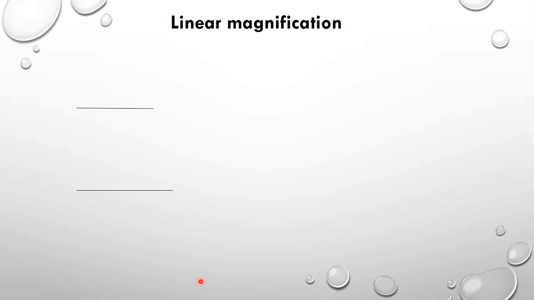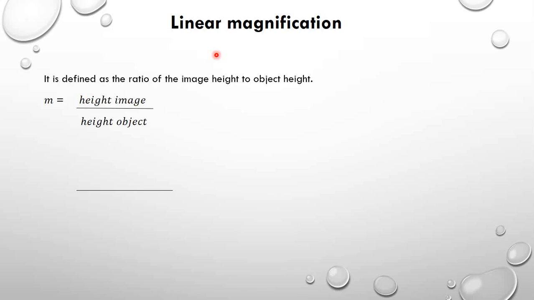Let's look at linear magnification lastly. We are going to define linear magnification as the ratio of the image height to the object height, or you can also define it as the ratio of the image size to the object size. Therefore we shall get our magnification, represented by m, as height of image over height of object.